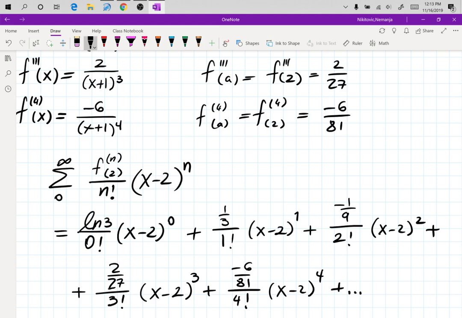And now we just simplify this as much as possible. Then when I graph this, they're going to match closest in the neighborhood of 2 going outwards. The previous two problems were closest matched at 0 going outwards because those problems were centered at 0.